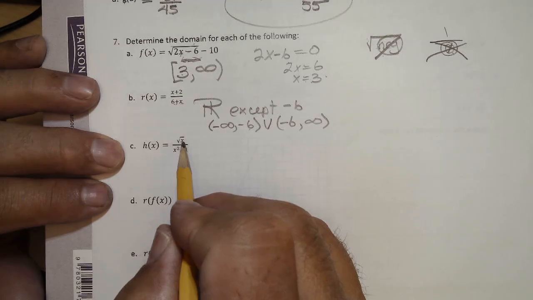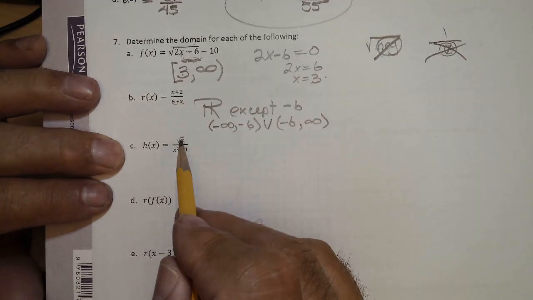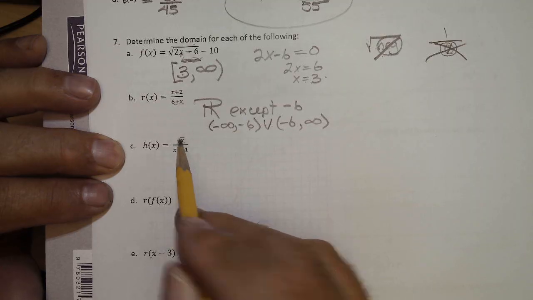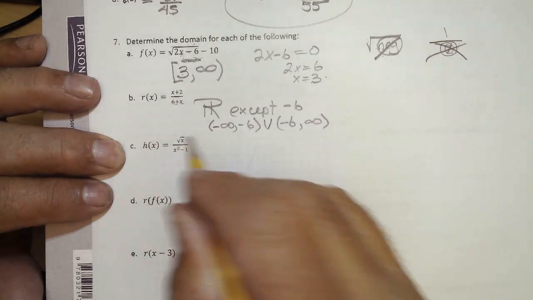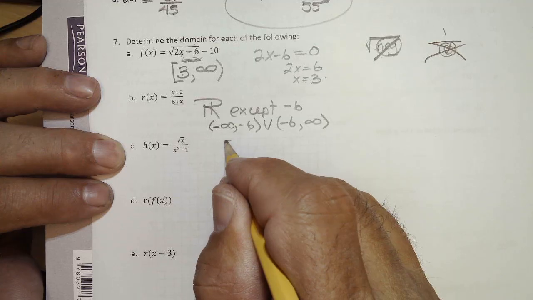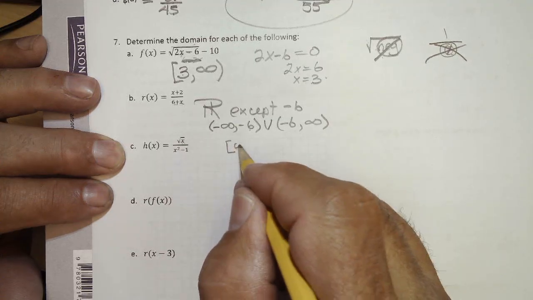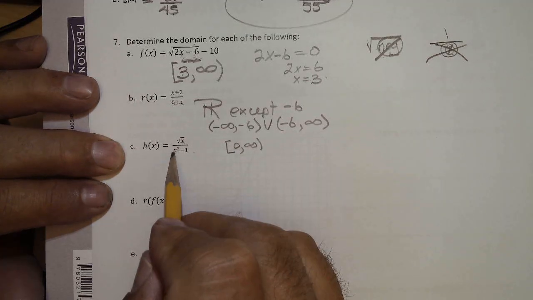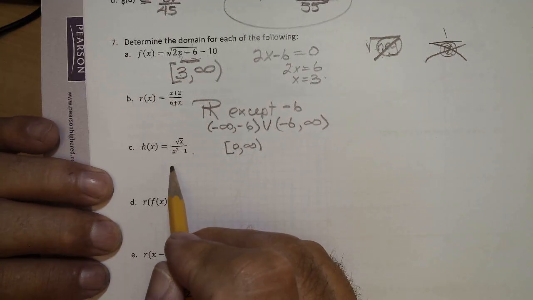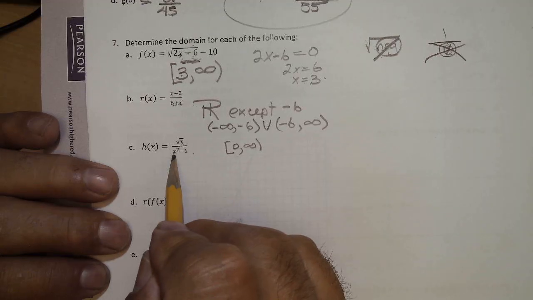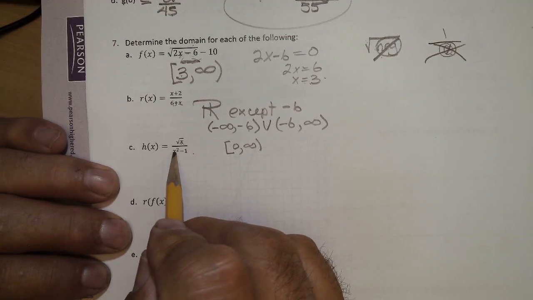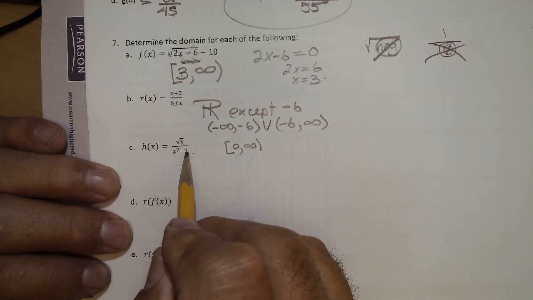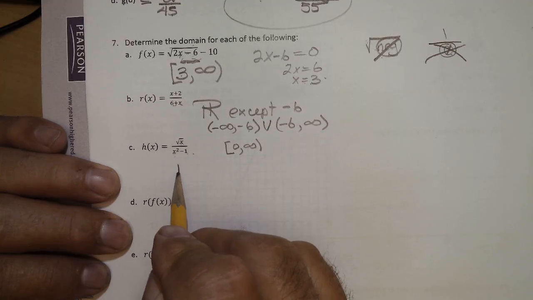Now here we have a square root. The only thing under it is an x, so x has to be 0 or greater, just for the numerator, 0 or bigger. But the denominator is x squared minus 1. If you think about it, if I put 1 in there, 1 squared minus 1 would be 0. So I can't use 1.